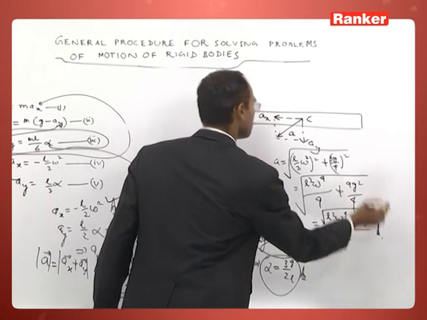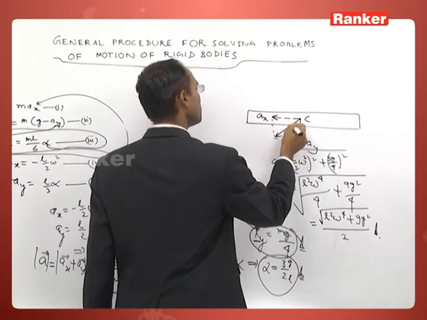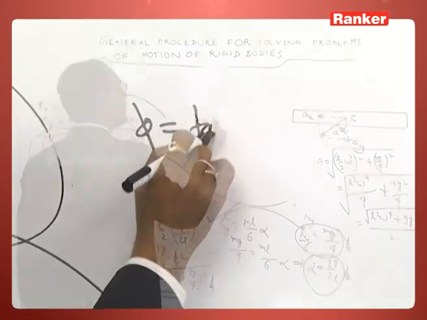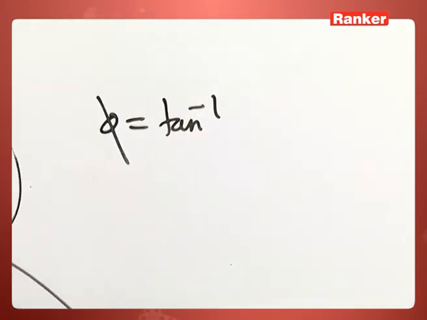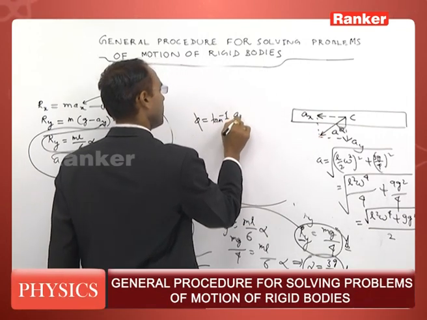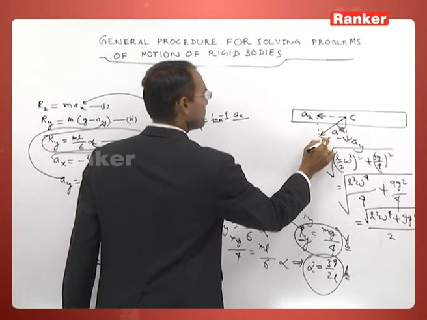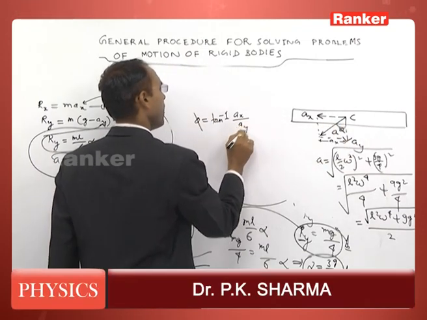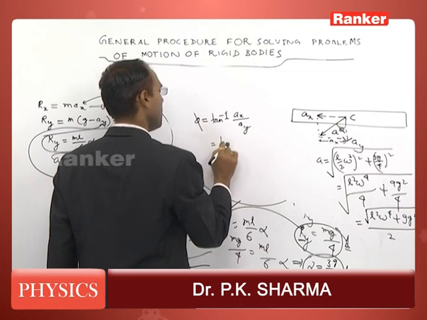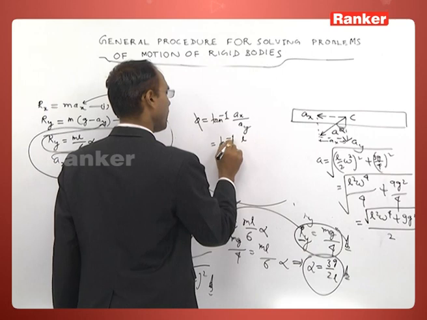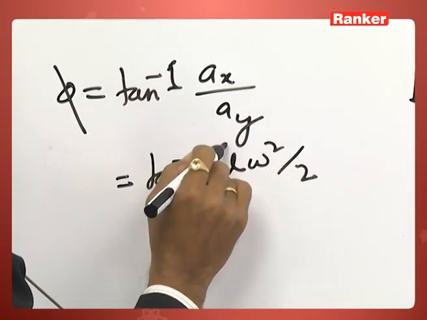And the direction you can get. Suppose this is phi. Phi is equal to tan inverse of Ax by Ay. So tan inverse, what is Ax? L omega square by 2.